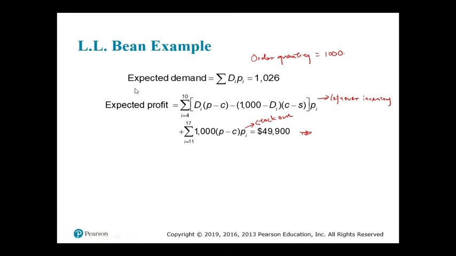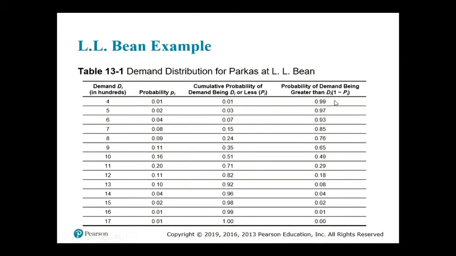Now, since my order quantity is 1,000, the first scenario happens for these scenarios. For these scenarios, I'm able to satisfy all the demand, and with possibly inventory left over.